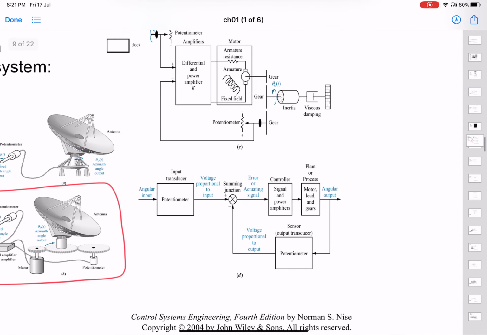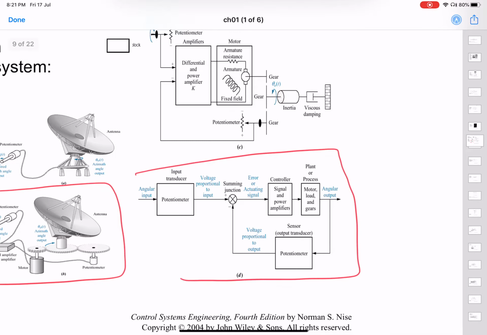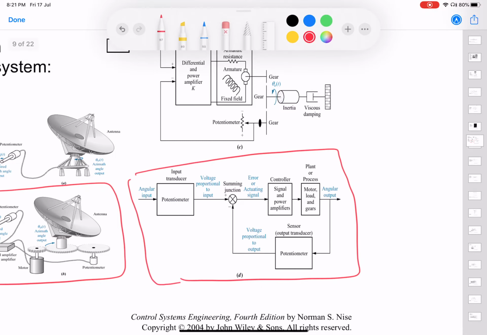In the functional block diagram, you're trying to see which subsystem is where and where the information is going. It is starting from where, where is it going, and where is the comparison done, and so forth, right? So you have the angular input which goes to the potentiometer and then converts to a voltage. And so how does the system basically function, right?